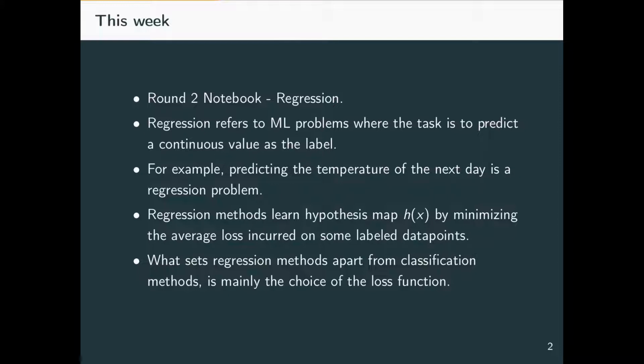At a higher level, the difference is that in classification methods, the labels are always a finite set. For example, is this picture a cat or a dog? That's a classification problem.